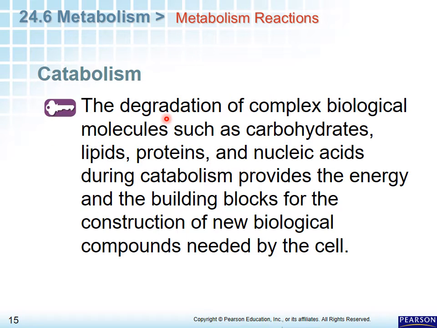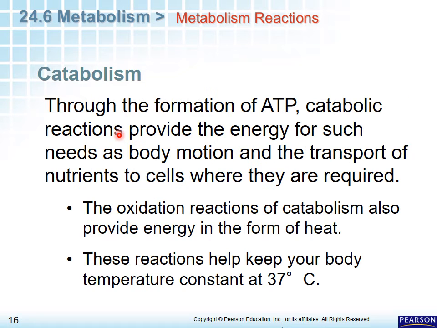So the degradation of complex biological molecules such as carbohydrates, lipids, proteins, and nucleic acids during catabolism provides the energy and the building blocks for the construction of new biological compounds needed by the cell. So breaking down all the carbohydrates, lipids, proteins, and nucleic acids is called catabolism.